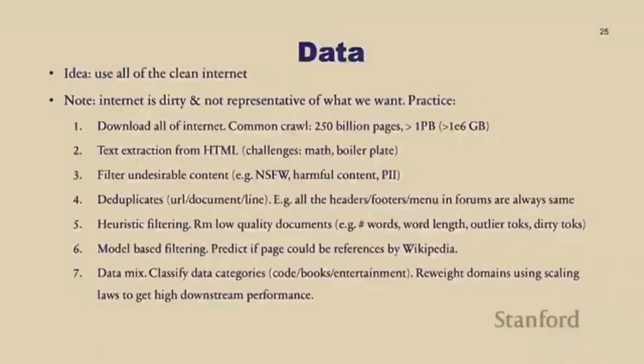That's something that people usually say in a very hand-wavy way. So you want to upweight the coding distribution because that helps for general language modeling skills. Books is usually another one that people upweight. Entertainment, they usually downweight. So things like this.